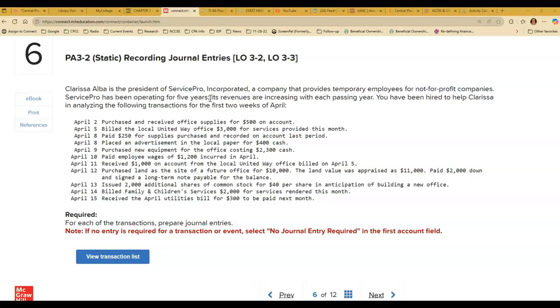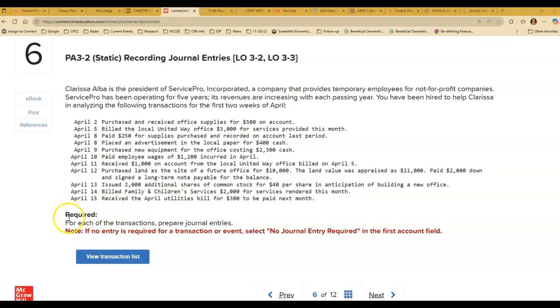So notice that's different from every other question that we've looked at where it said, this is the first year that you're in business. We started a company. All beginning balances were 0, right? This one is telling you, nope, we've been in business for 5 years. There's all kinds of existing balances out here. Okay? Its revenues are increasing with each passing year. So, yay. Okay? You have been hired to help Clarissa in analyzing the following transactions for the first 2 weeks of April. Okay? So we've got a whole bunch of stuff here.